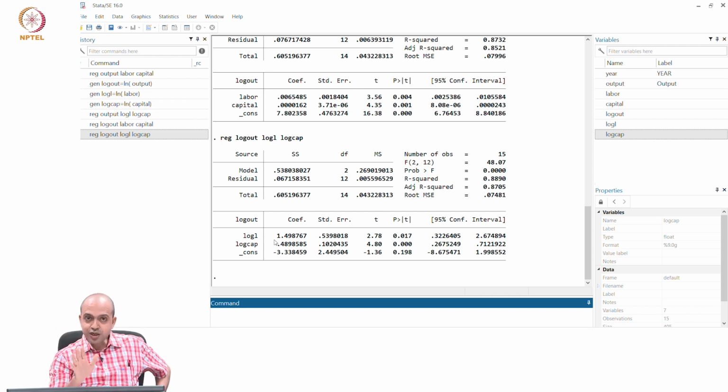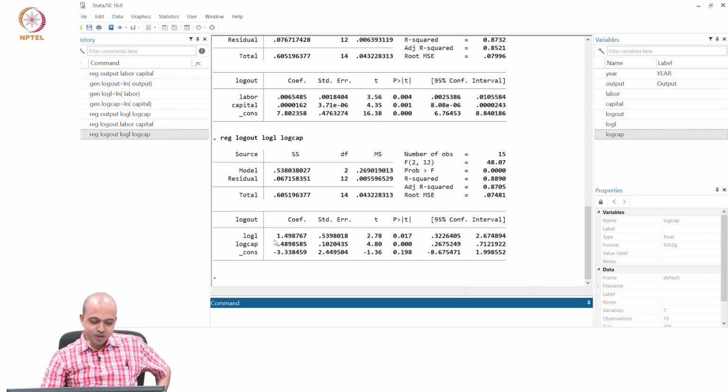The log-log model gives a direct elasticity measure. That means you do not have to do anything with this coefficient like the previous models. In previous models, we were either multiplying beta by 100 or dividing beta by 100, but here beta hat gives you a direct elasticity measure, no need of doing anything.